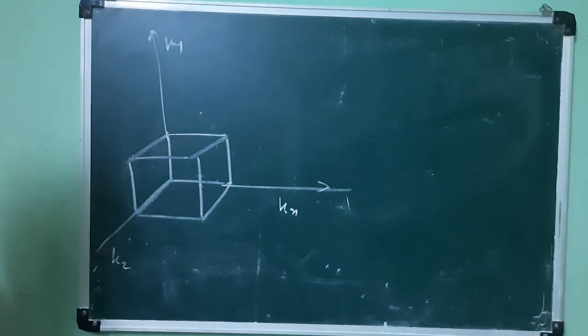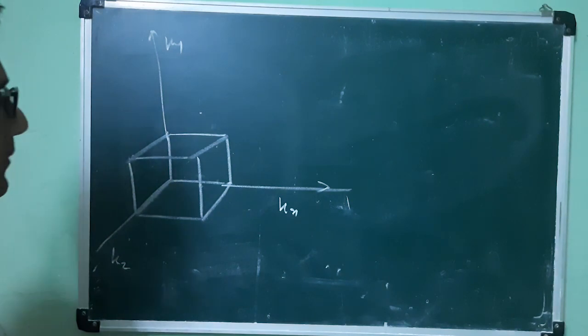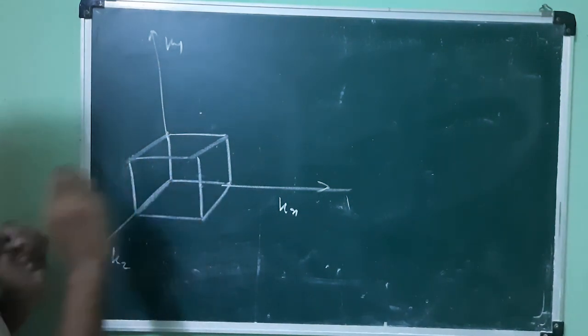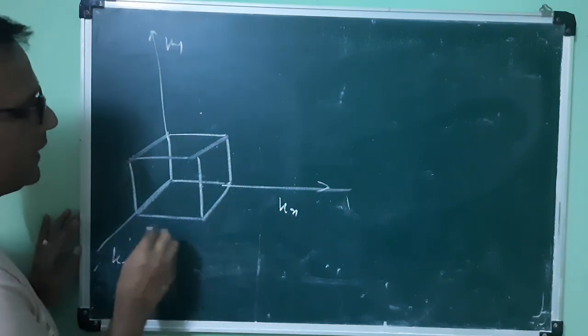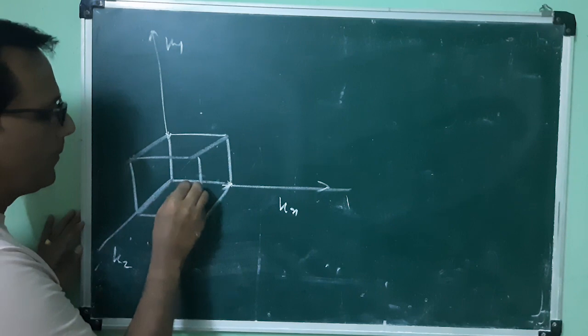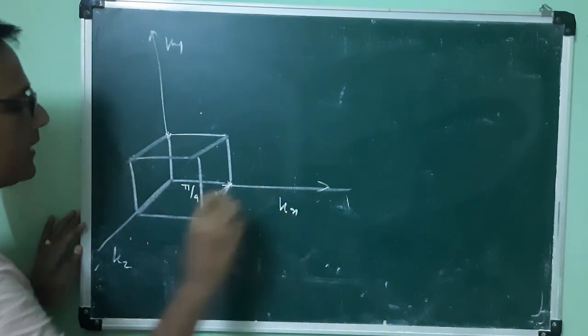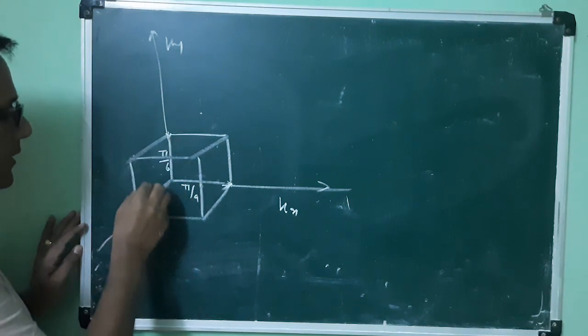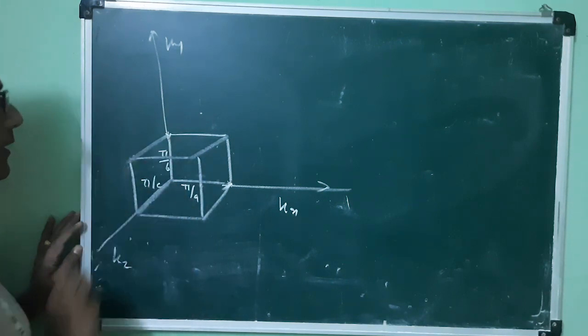If we consider the ordinary three-dimensional space, then we take this equal to A, this equal to B, and this equal to C. But here this is k space, so this point and this point will be pi by A along the x-axis, pi by B along the y-axis, and pi by C along the z-axis.